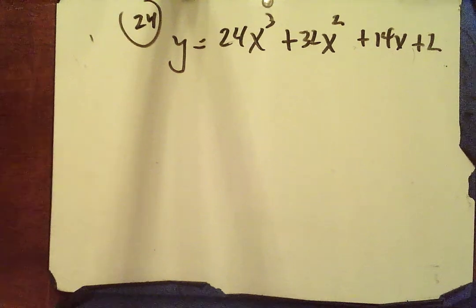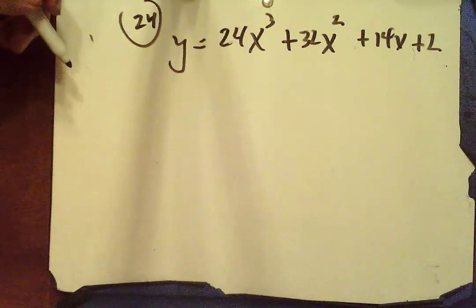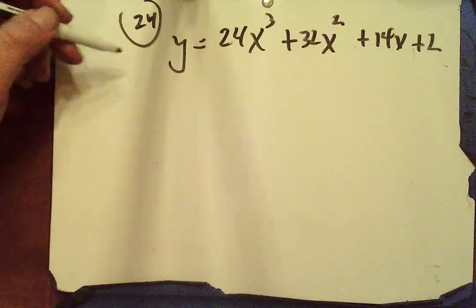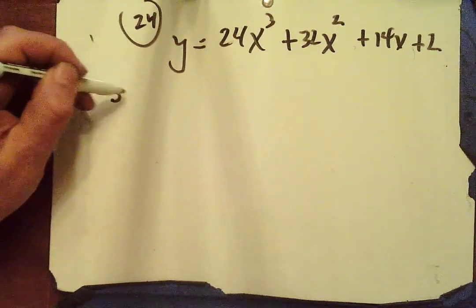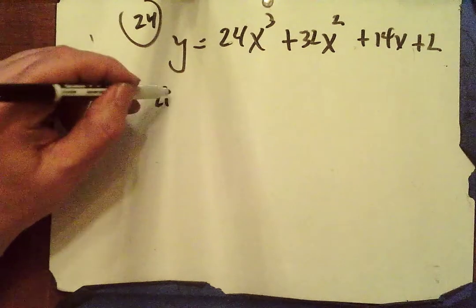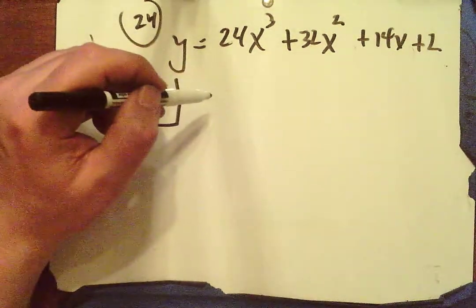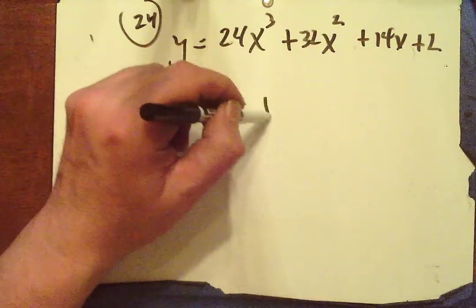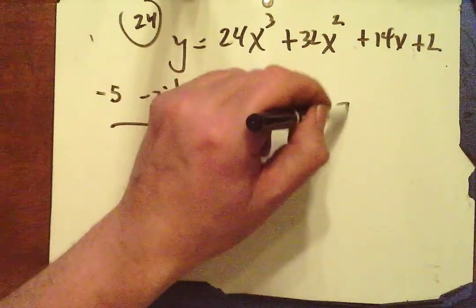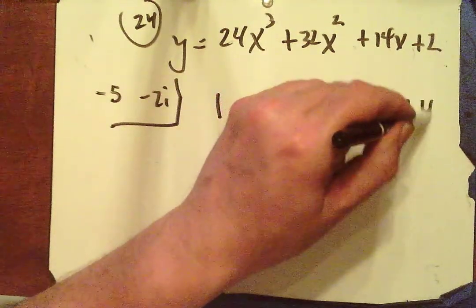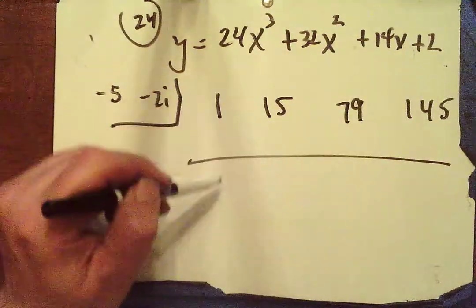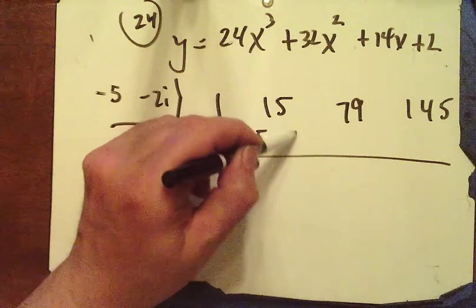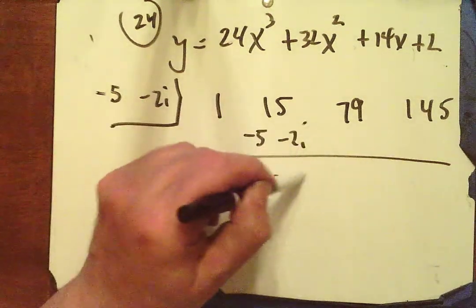Okay, so it looks like we only have two problems left. One, we're supposed to use the fact that -5 minus 2i is a root of x to the third plus 15x squared plus 79x plus 145. So let's see. This times these and add.